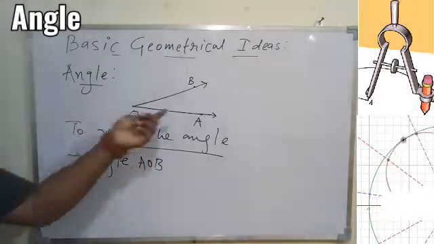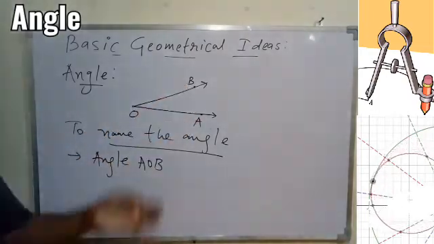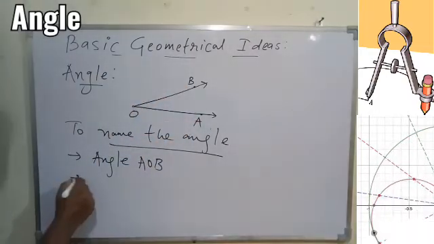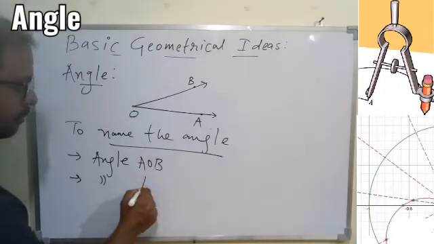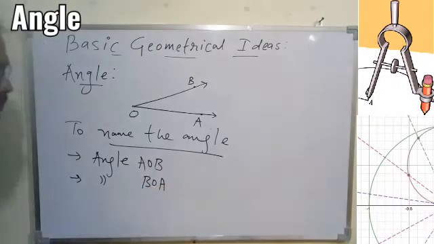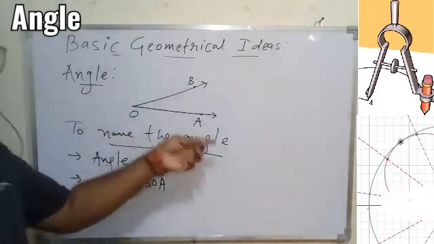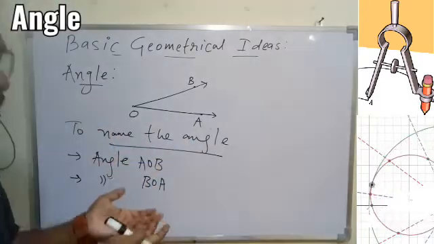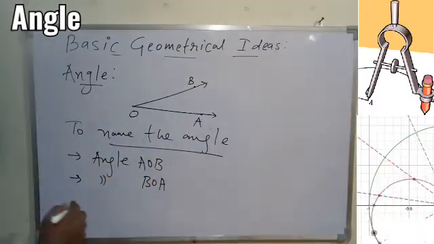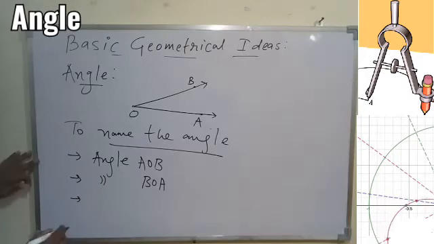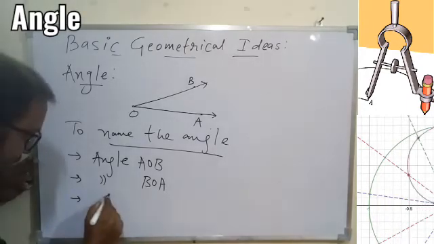This is one way of writing it. We can also write angle BOA. That is another way of writing the same angle. And third, we can also write it this way.